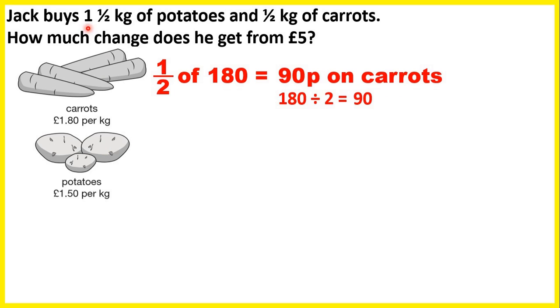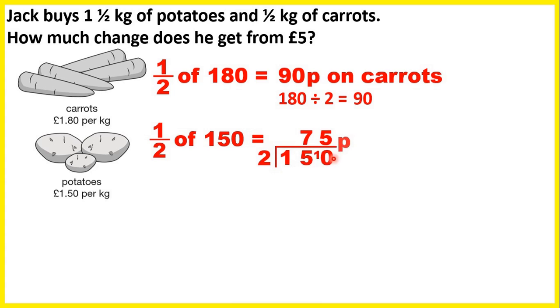But he also buys 1.5 kilograms of potatoes. We know that 1 kilogram will be £1.50, but let's find half a kilogram of potatoes. So half of £1.50 or 150 pence. We find half by dividing by 2, and that means 75 pence is half a kilogram.